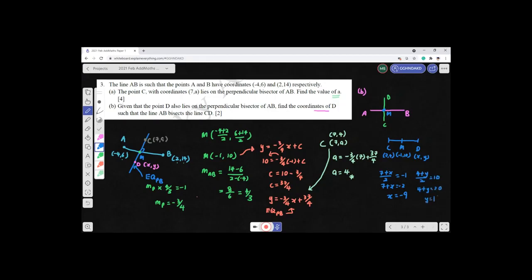Y equal to 16. So meaning to say D is negative 9, 16. So always remember when they talk about bisect, it means the midpoint. Okay, don't forget about that. Many students, when they talk about bisect, they do not know what to do. So bi actually means half. Half means always in the middle.